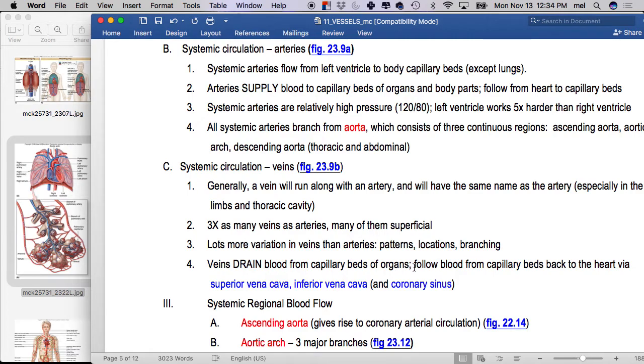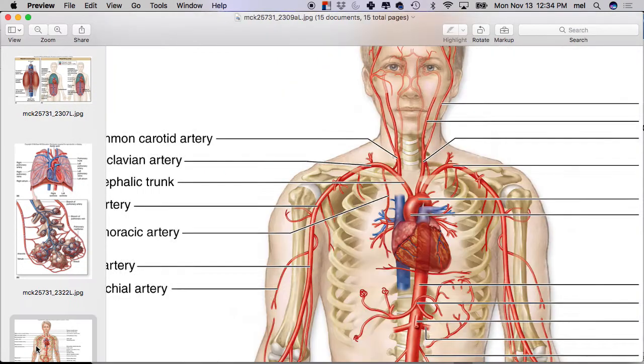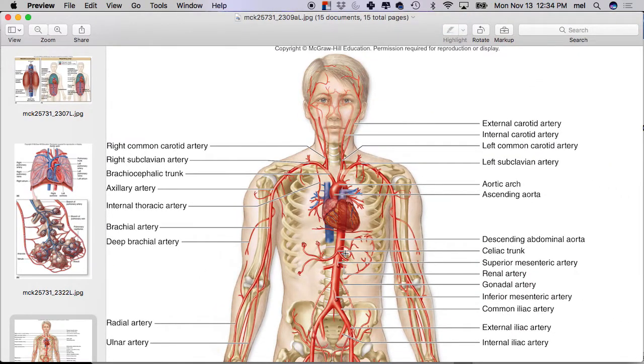So what we will see with systemic circulation is, as we look at the arteries in systemic circulation, every single artery can be traced back to the left ventricle and then comes off of the aorta. Yes? Okay. So the way that we are going to address systemic circulation, we won't get through tons of it today, is we're going to give blood to things as they get blood, right?